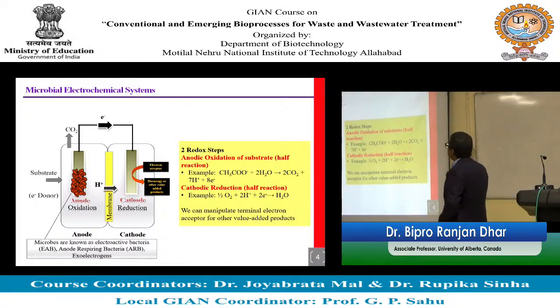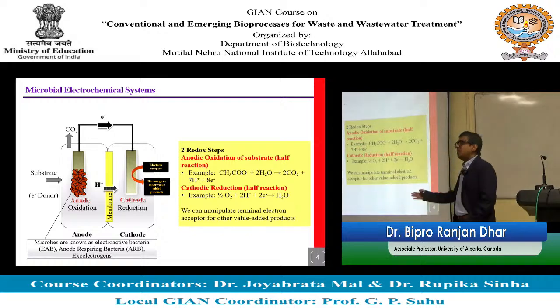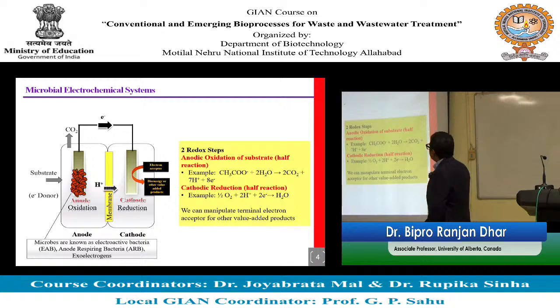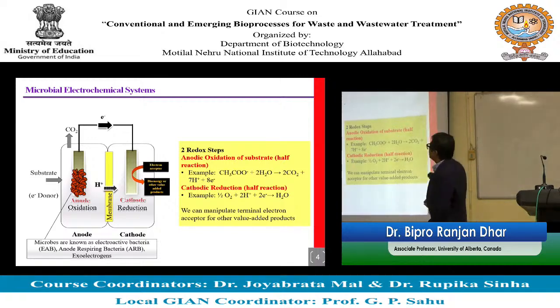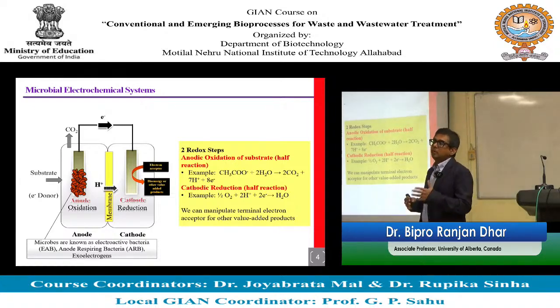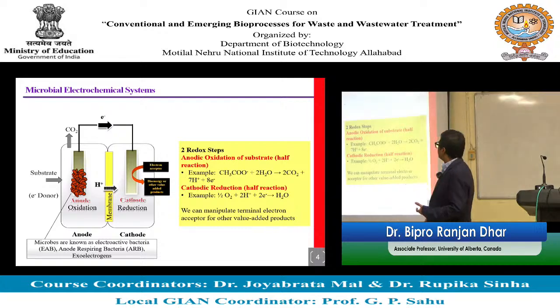If acetate is oxidized, it releases carbon dioxide, proton and electron. This is oxidation. In the cathode, if I provide oxygen as electron acceptor, then oxygen is reduced to water. This is the basic reaction, but we can have different electron acceptors on the cathode side, and we can have different products that we want.